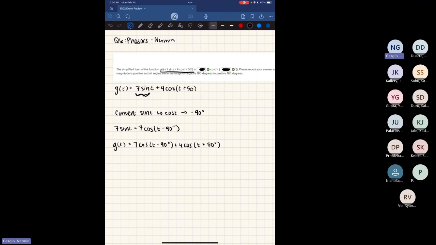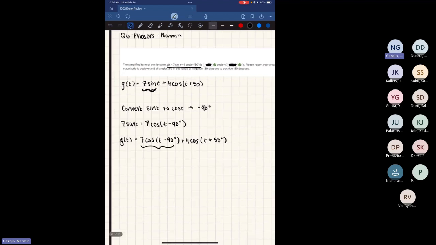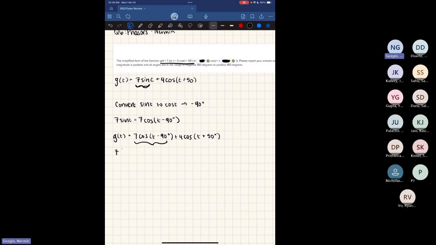Recall that you can't add and subtract these values in polar form. We need to convert this into rectangular. Right off the bat, we can get the polar form of each of these, which is very simple. For the first one, you look at 7 and then the degree, which is negative 90 degrees.